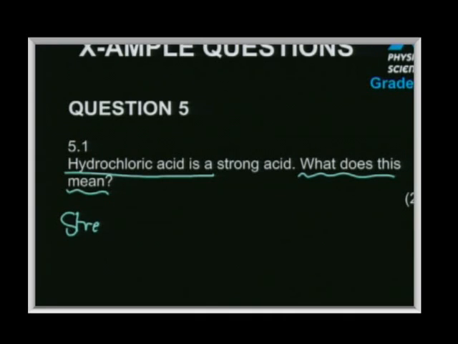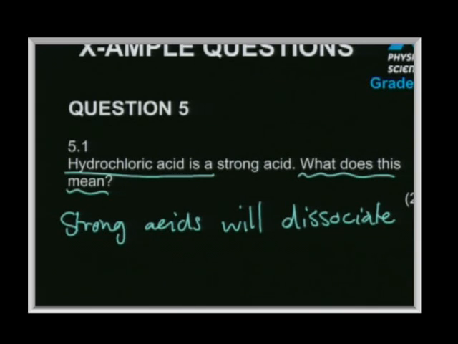Strong acids are characterized in that they dissociate completely in water to release their hydrogen ions or to liberate the hydrogen ion over there. So your answer over here would be that a strong acid will dissociate completely when mixed with water or when dissolved.